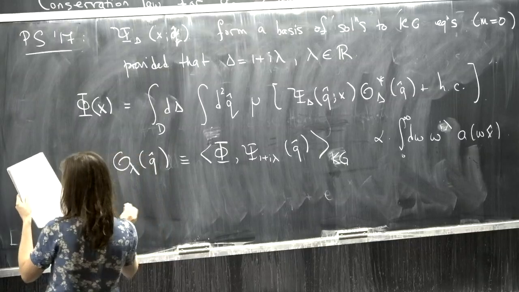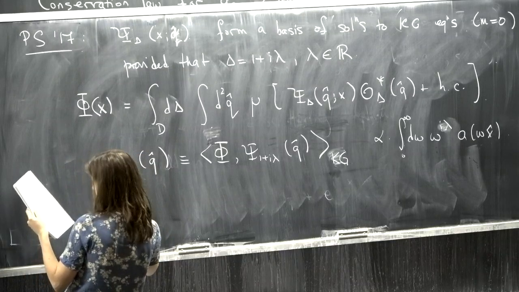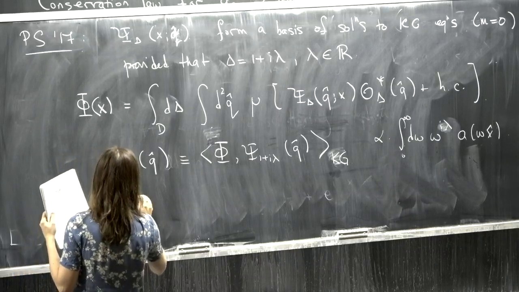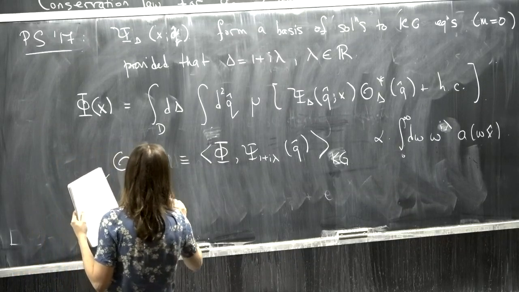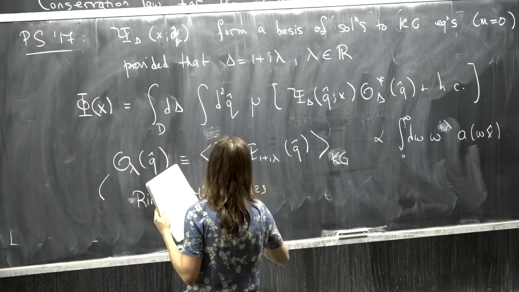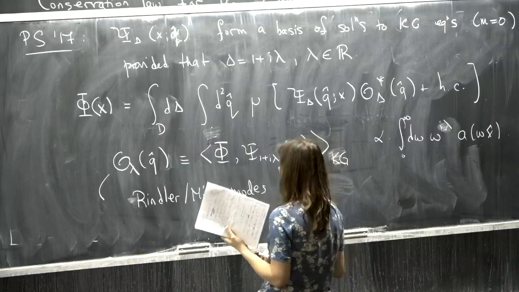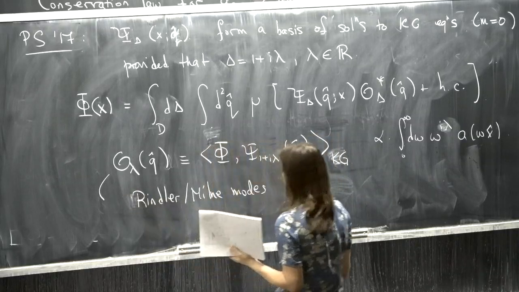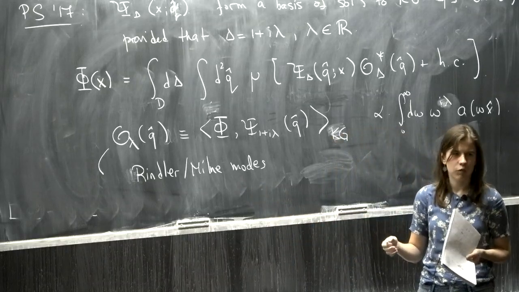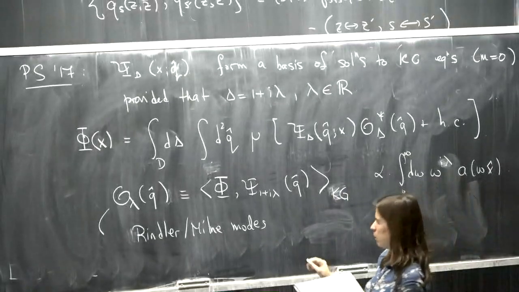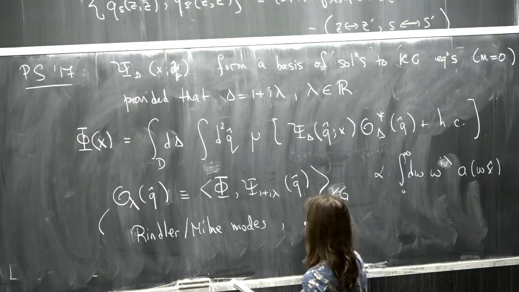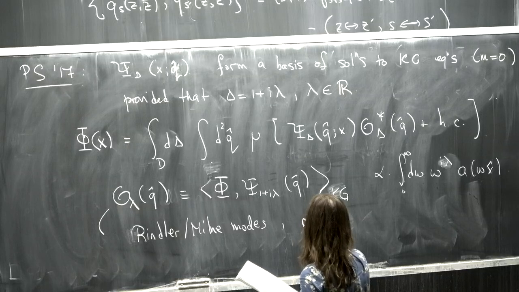So these correspond to Rindler or Milne modes. They would be the things that would appear in an expansion of a field seen from the perspective of an accelerating observer in Minkowski space. And they have also been called conformal primary modes.